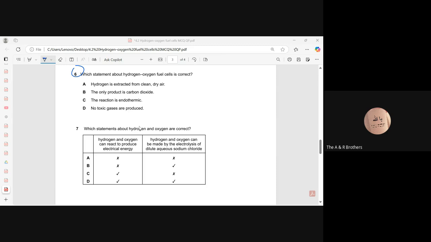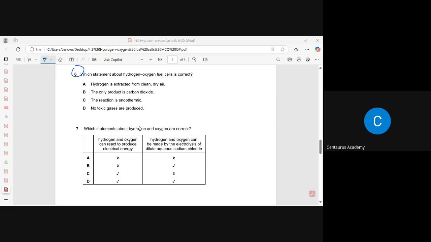Ma'am, natural gas. Natural gas, yes, you can say so. Also, hydrogen is extracted from the fractionating column, liquefied air, or from organic compounds. When organic compounds are broken down from larger hydrocarbons to smaller hydrocarbons, a great amount of hydrogen is produced in that way. And there are many other various ways.